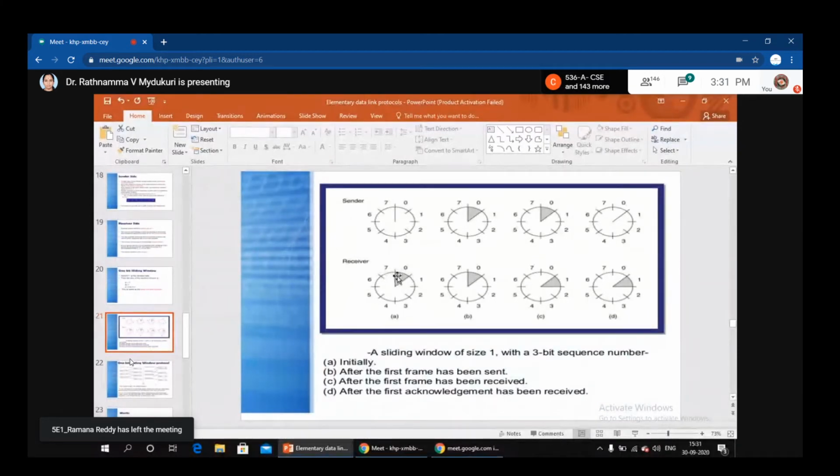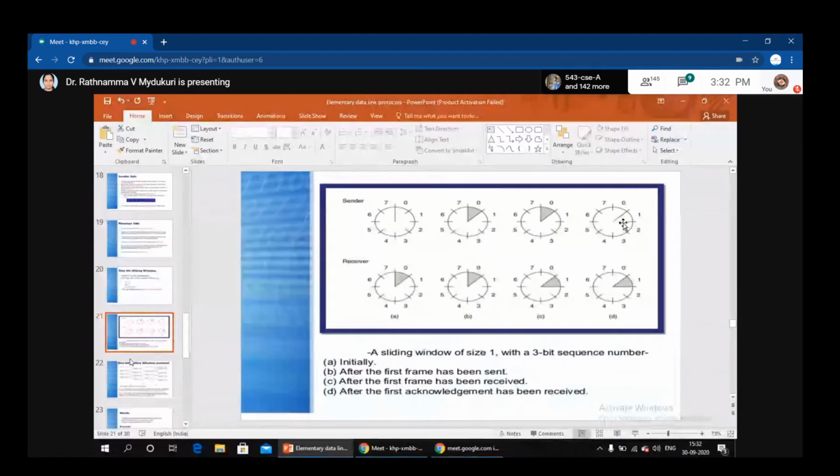Now, at the sender side, it has sent the frame and it is received. Now the sender is waiting for acknowledgement. At that time, the receiver has sent the acknowledgement to the sender. Again, the time has been shown here. Now the acknowledgement has been passed to the sender, and the sender is again getting ready to send the next frame. So these are the situations.